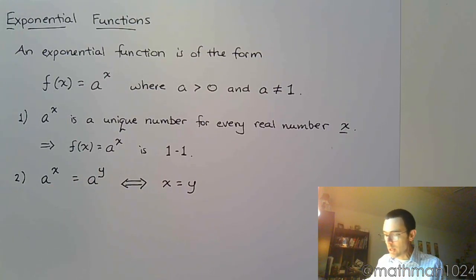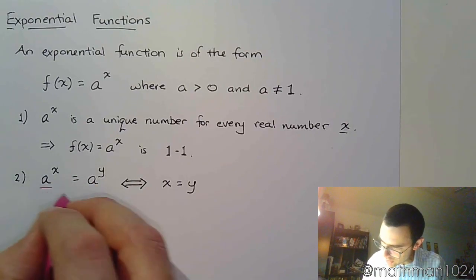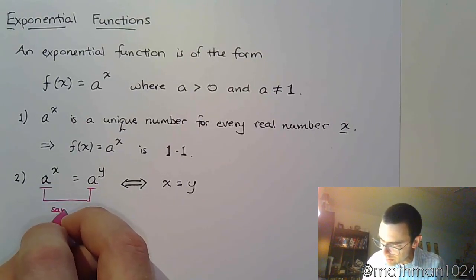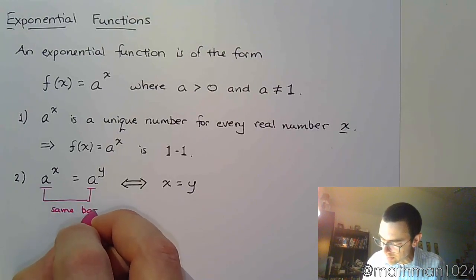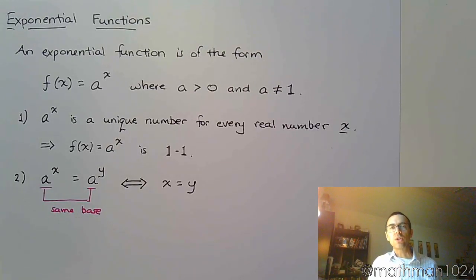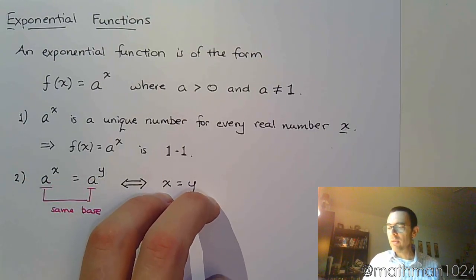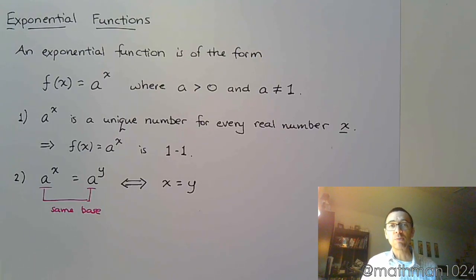So to emphasize this, I want to point out here that these guys have the same base. So if you have an equation and the two bases are the same, that means you can then take those powers and set them equal. That's part of the whole thing about that exponential function being one-to-one.